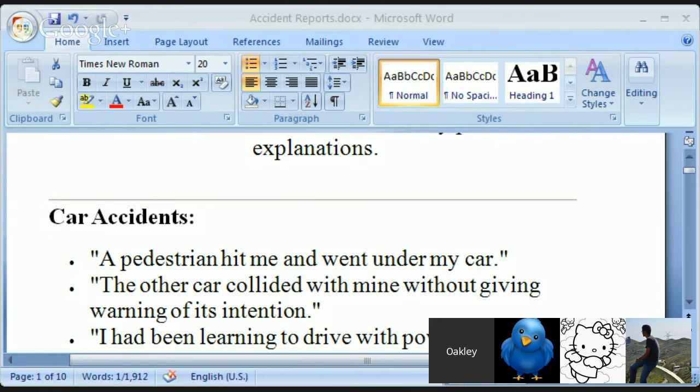Actually, the one I'm talking about was back when I didn't have my license yet, so I was not going to take the matter to the police. And I was lucky enough that the other party also didn't have a license, so we shook hands and went home peacefully. Okay, fair enough. So no report.